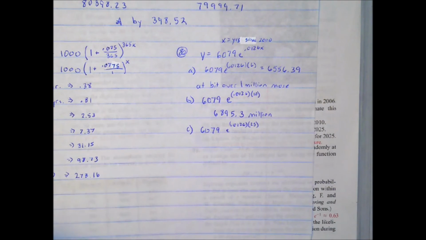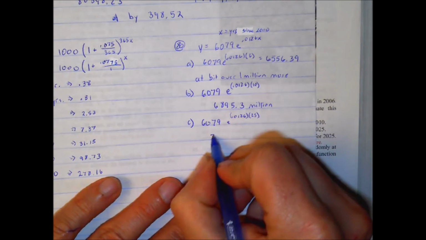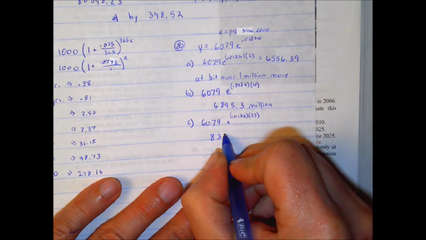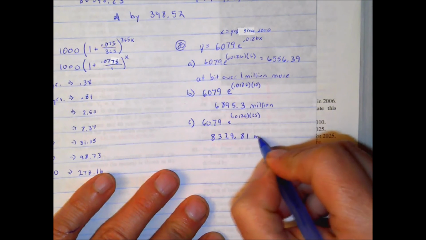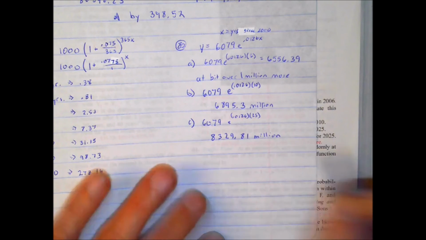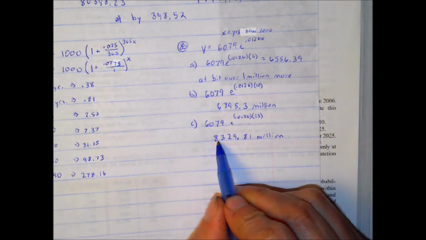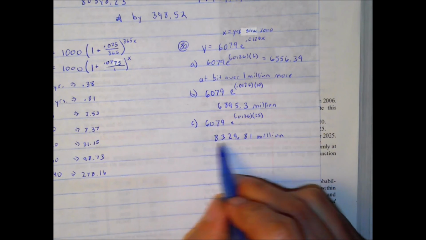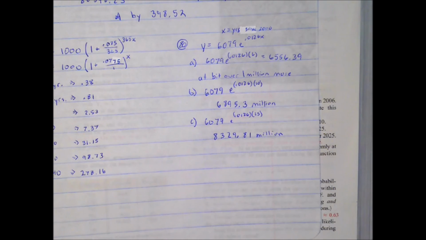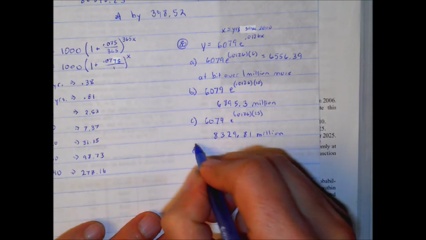Okay, plugging a 25 in there. We are 8329.81 million people. This is really billions, right? So in 2010, we're going from 6 to over 8 billion people in the world.